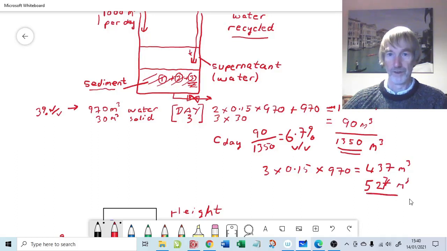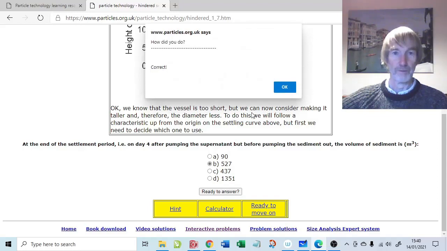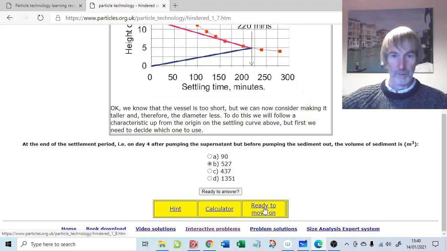That's total volume of slurry. So let's go back to where we were. 527 metres cubed. That's the sediment volume after pumping supernatant before pumping out the sediment. Ready to answer? 527. Yep, good. Move on.